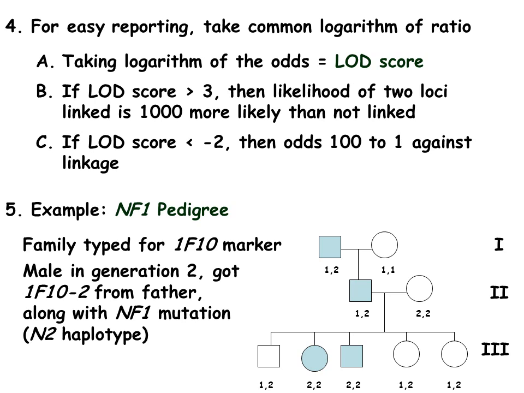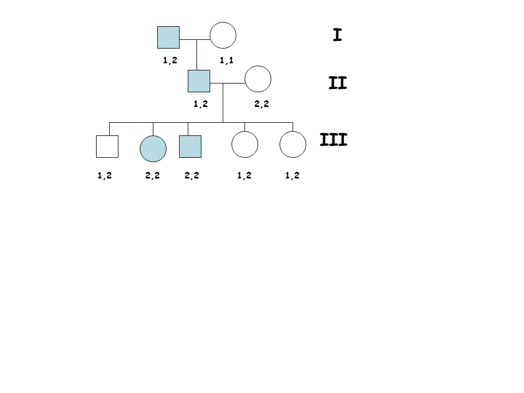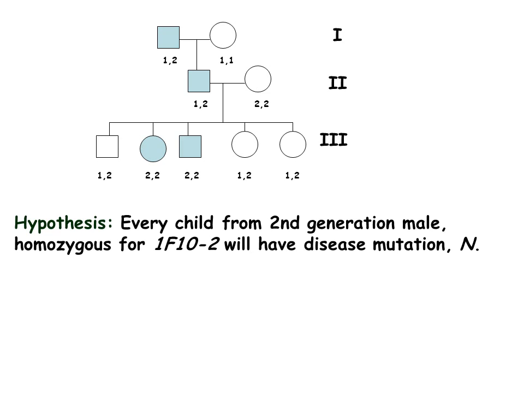So now we can take an NF1 pedigree, and we again have the family typed for the 1F10 marker. The male in generation 2 got the NF2 from father along with the NF1. So, that's fine. But our hypothesis then will be every child from the second generation male homozygous will have the disease.